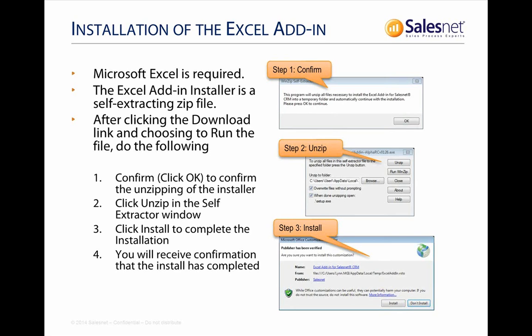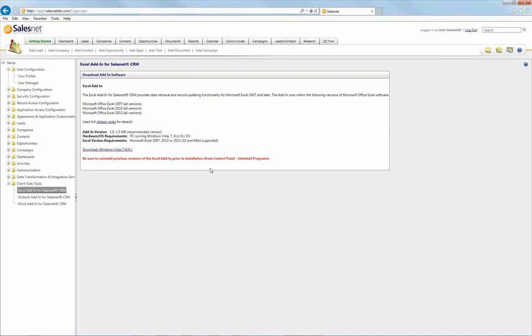Once you click on the download link and choose to run the file, you're going to be walked through a series of wizard interfaces that ask you to confirm the installer, to unzip it, and then to install it.